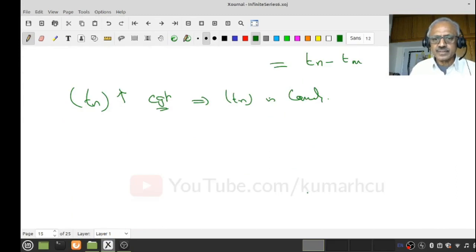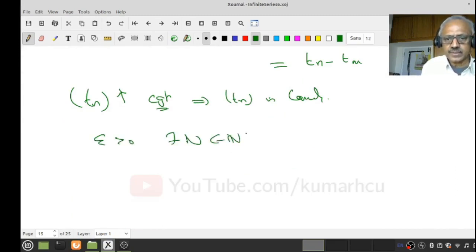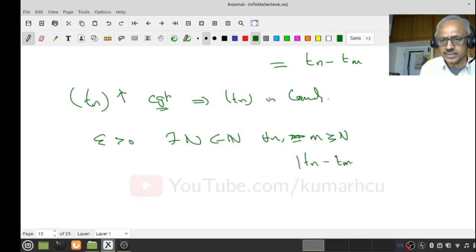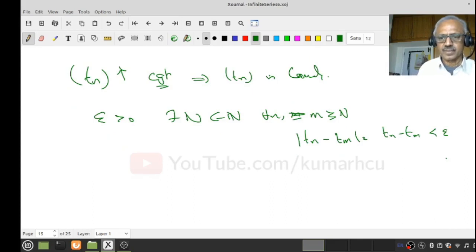Are you following? Therefore, if you give me an epsilon positive, I can choose a natural number capital N so that for n greater than or equal to m greater than or equal to N, mod T_n minus T_m, but this is the same as T_n minus T_m because T_n is increasing and n is greater than or equal to m, is less than epsilon, right?